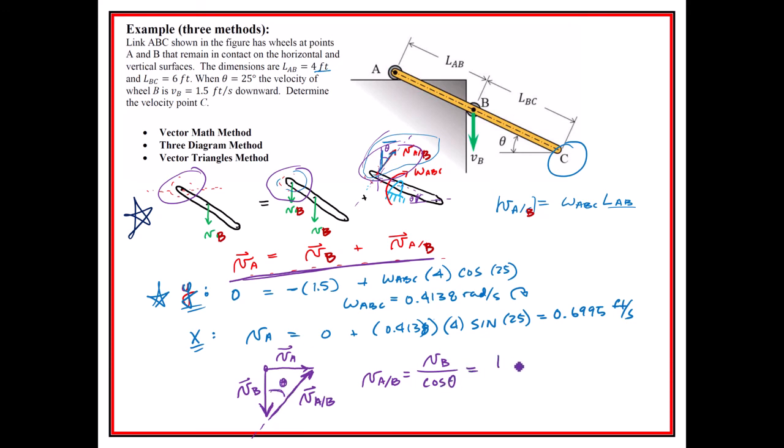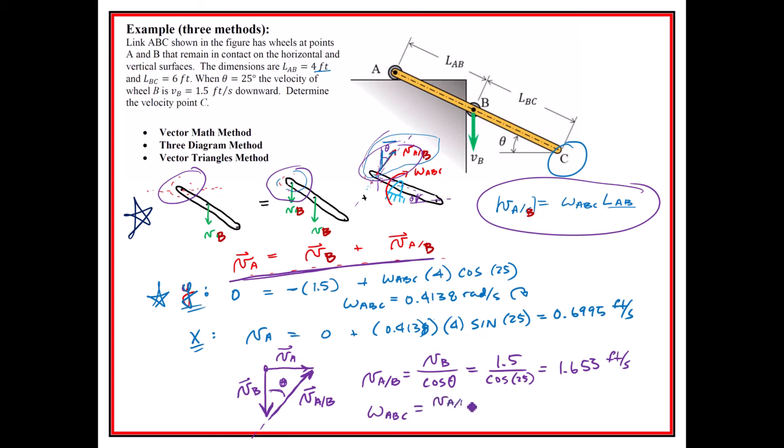And so you get 1.5 divided by the cosine of 25, and you end up with 1.655 feet per second. But we know from up here that the magnitude is just going to be, so the omega ABC is going to be the velocity of A with respect to B divided by LAB.